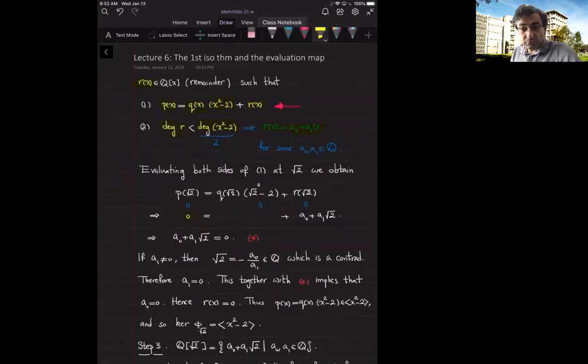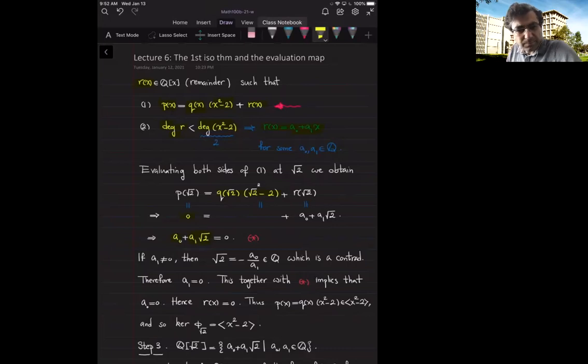When I substitute root 2 for x in x squared minus 2, I get 0 as well. So we get this equality that 0 is a sub 0 plus root 2 times a sub 1.